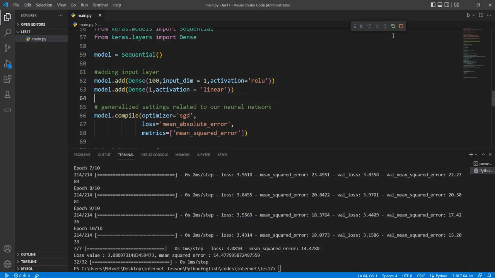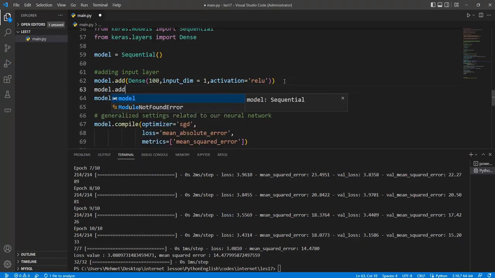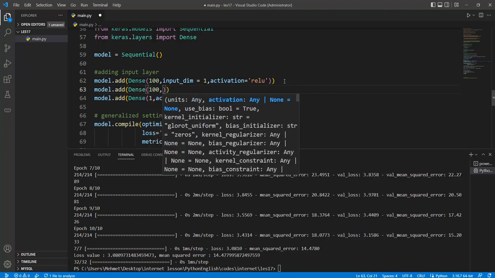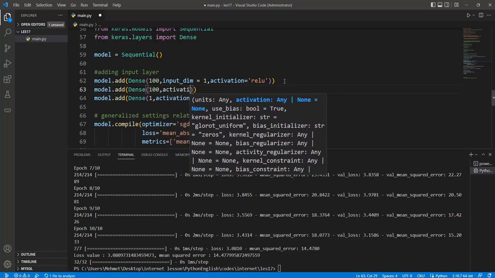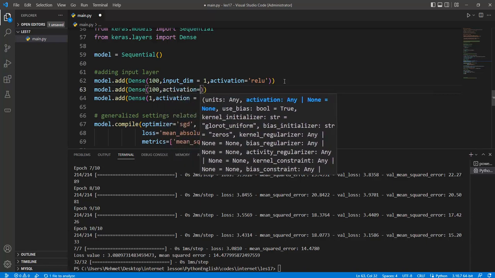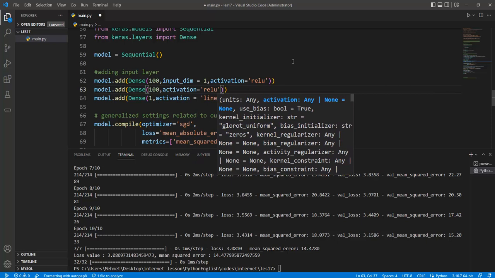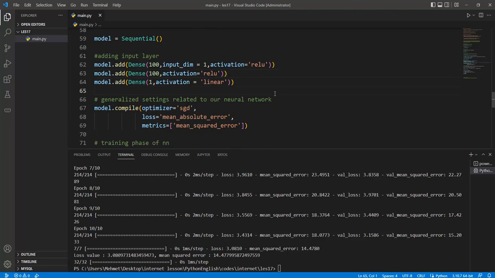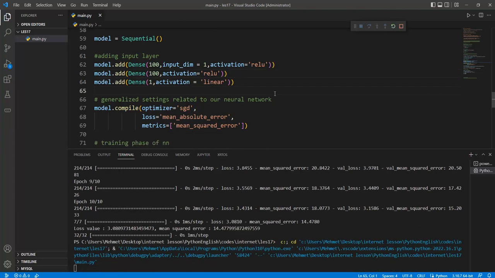Then we can also add another hidden layer to the model, with activation equal to relu. We may add this activation layer like this, and if I rerun this code, we have two hidden layers, one input layer and one output layer.